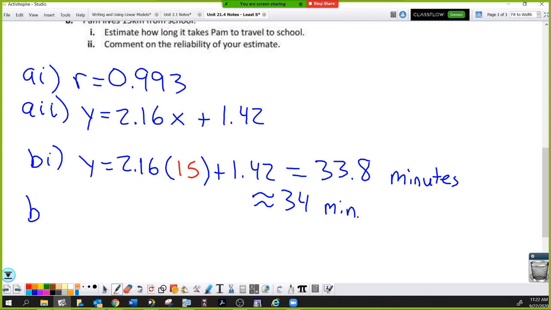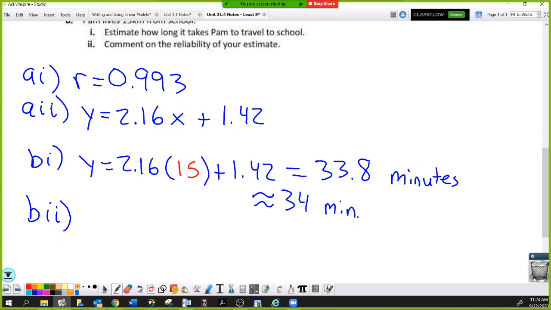Question B2 says to comment on the reliability of our estimate. Well, what do we think? Is this a reliable estimate? Two people say yes, some people say no. Yeah, so we have an R value of 0.993, so this is highly correlated data.